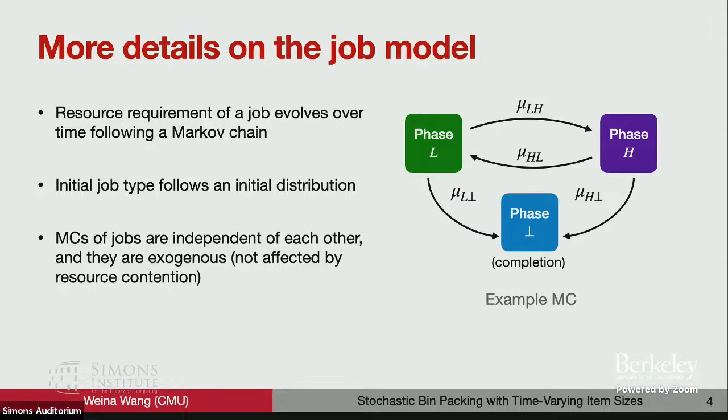So the actual amount of resources needed is determined externally by the users, and when it's going to complete is also exogenous. It's not affected by how we schedule them. As I mentioned, we will assume the jobs come into the system following a Poisson process. So now I have specified all the parameters of this problem.